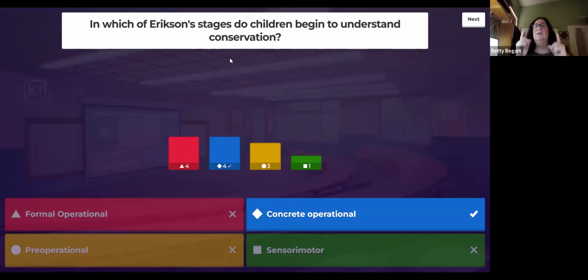And remember, school age children have to see it, touch it, feel it to know it. Remember, that's concrete. I've got to see it, I can touch it. And remember, formal is they figure it out by themselves. They just do it. They don't have to see it.